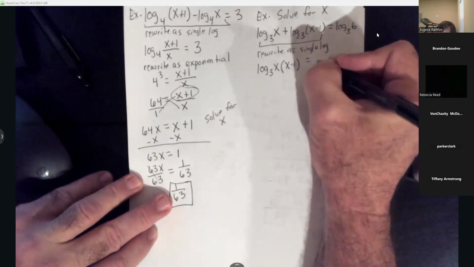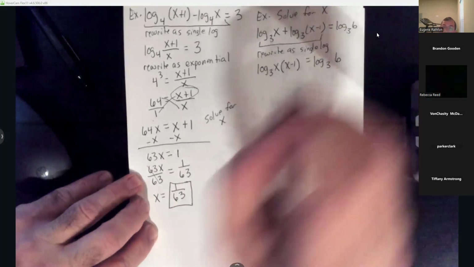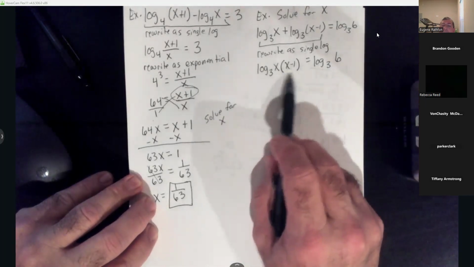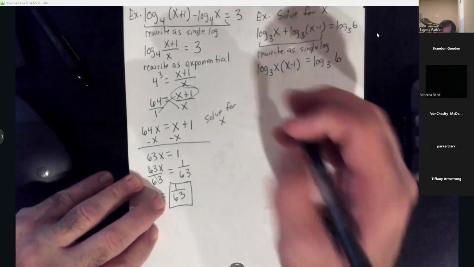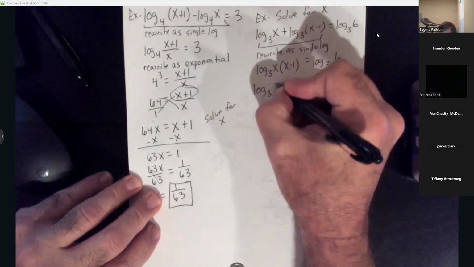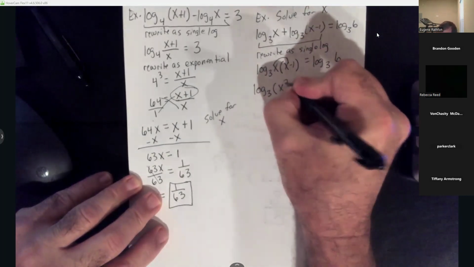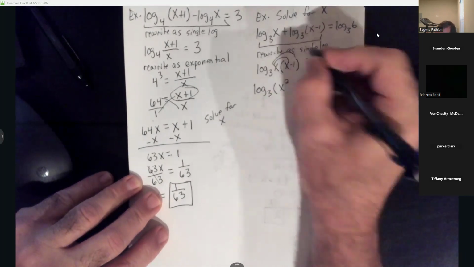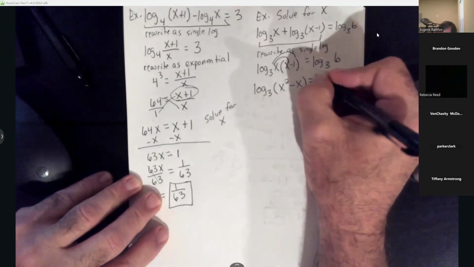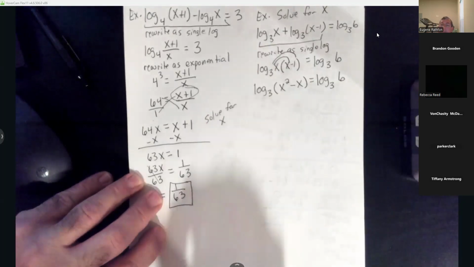All of that will equal the right side, which is a log base 3 of 6. And now I'm going to go one more step and actually multiply this out, okay? So log base 3, let's see what we get. X times x is x squared. X times -1 is a negative x. All that will equal the right side, which is a log base 3 of 6.